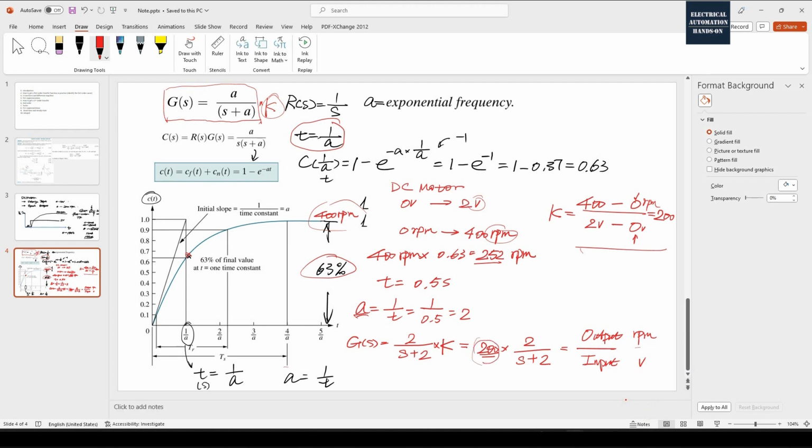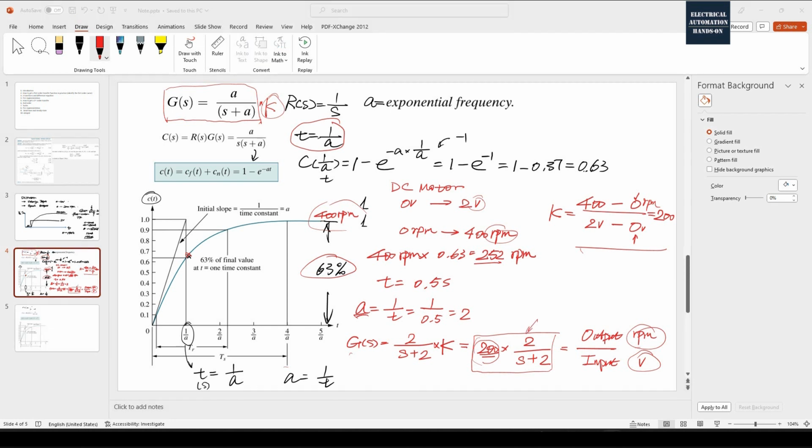Because of this gain, the transfer function will have the units of the input and output. Then this transfer function will really represent your real system. When you apply a voltage, you can calculate the final RPM by using this practical transfer function.